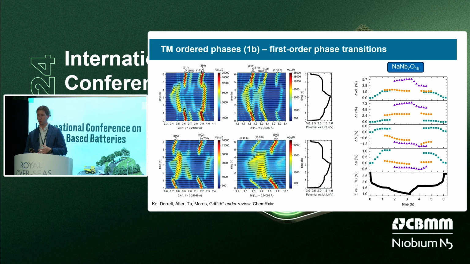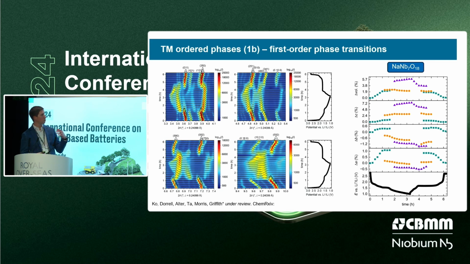Long-range one-dimensional diffusion seems not ideal. You'd like to have 2D or 3D diffusion, because there are a lot of very well-known examples in the battery literature, such as LFP, where with 1D diffusion even a single defect can essentially block access to that capacity. It can cut off that tunnel.